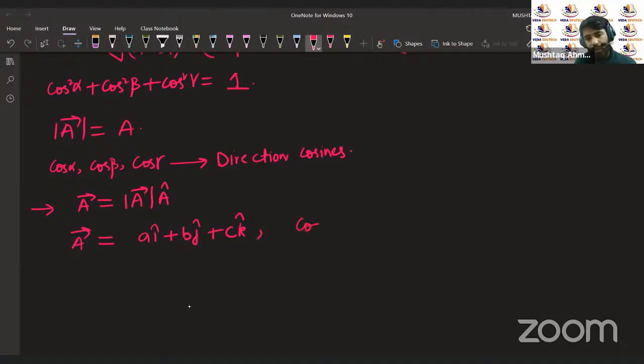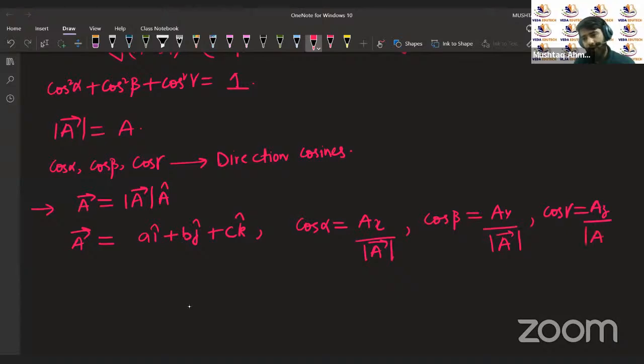So the cos alpha, the direction cosine, is equal to AX upon mod of A, the cos of beta is equal to AY upon mod of A, and the cos of gamma will be given as AZ upon mod of A. So these are the direction cosines.